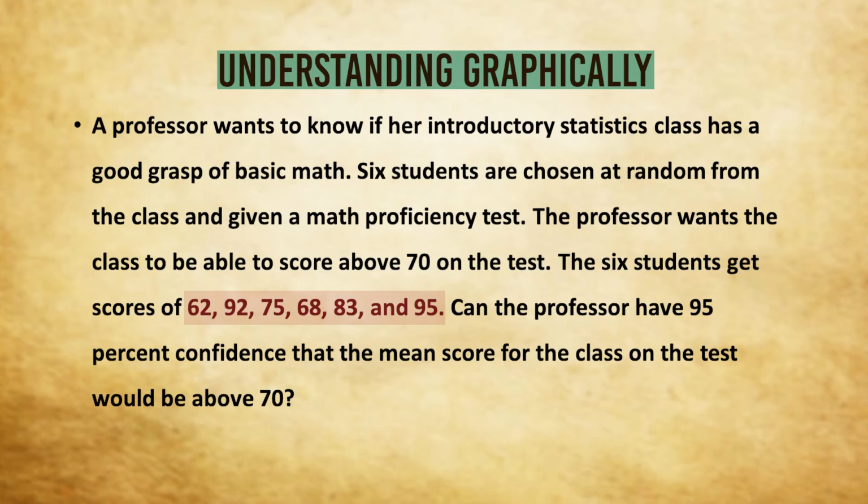Can the professor be 95% confident that the mean score for the class on the test will be above 70? He has taken a sample of size 6 and he has got the marks. So he is going to test whether the mean score is above 70 with 95% confidence.